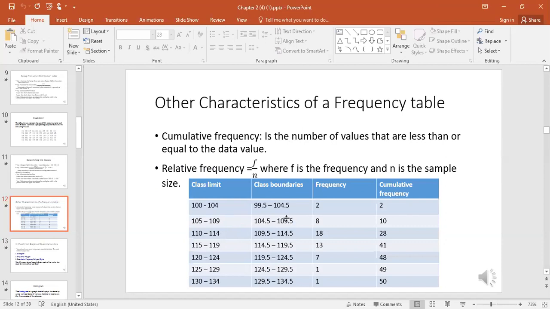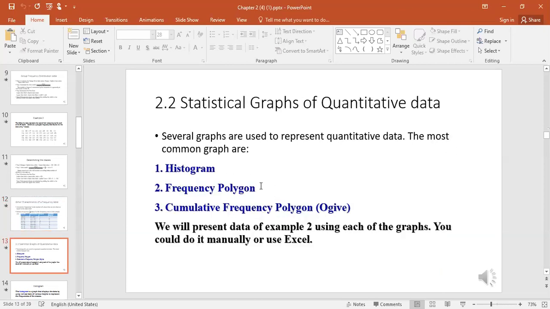We can use it to make a histogram, a frequency polygon, or an ogive. Those are the graphs that we can make. We are going to learn how to use Excel to make each of these graphs.